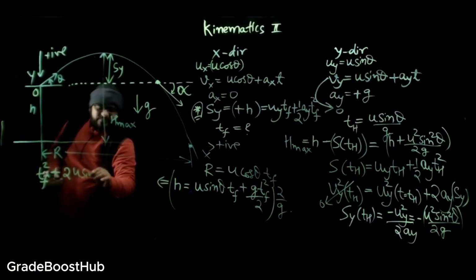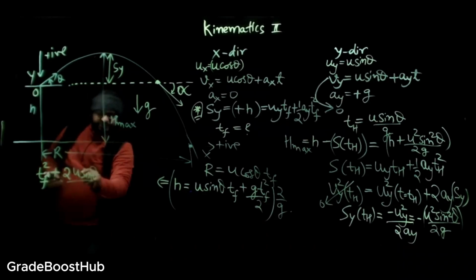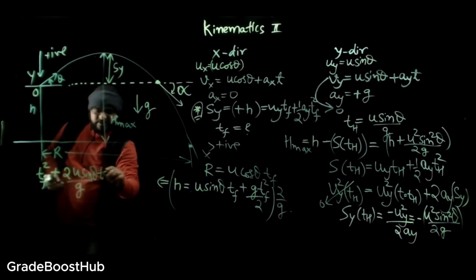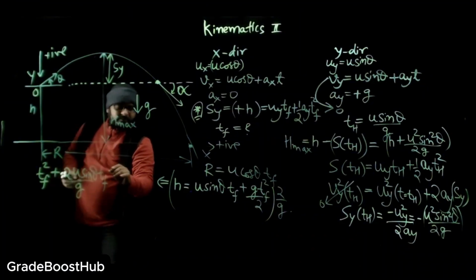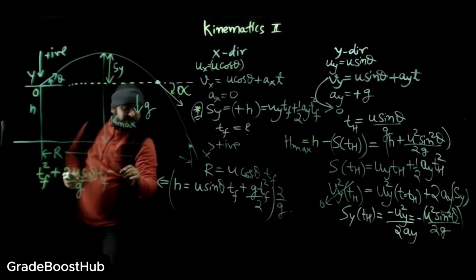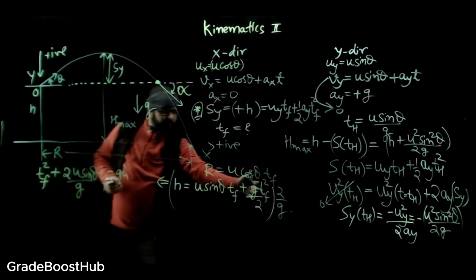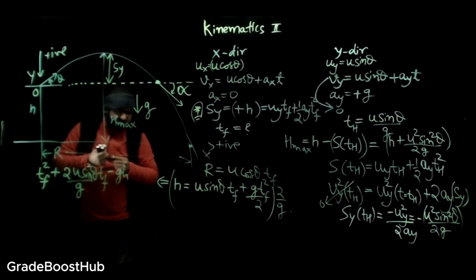Tf square is equal to plus 2u sine theta by g into Tf and minus, sorry, 2h upon g.